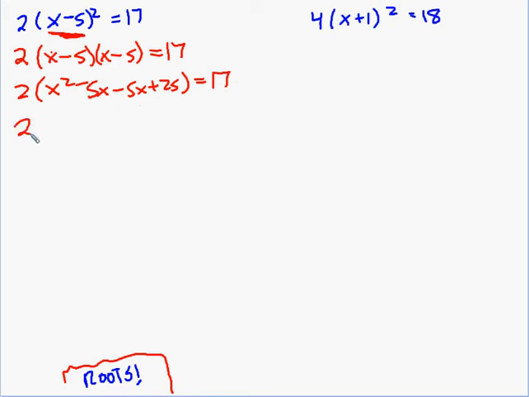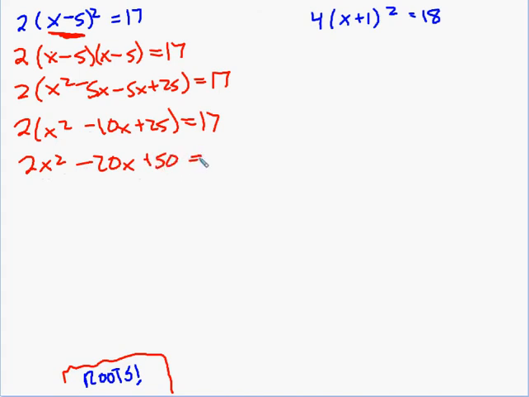Combine like terms. Distribute the 2. Subtract the 17. Three, 33.